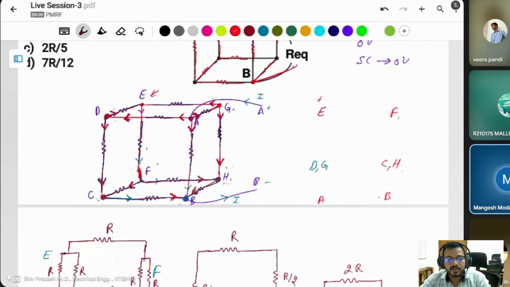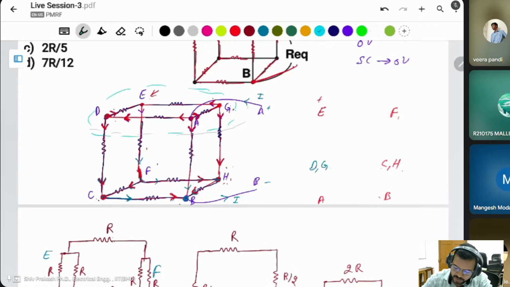This below side has the positive terminal. Sorry, this one has the positive charge, and this will have the negative terminal. That's why you have to choose the positive terminal from this one only, and the same way, choose the negative terminal from this only. Then we will get the exact point.